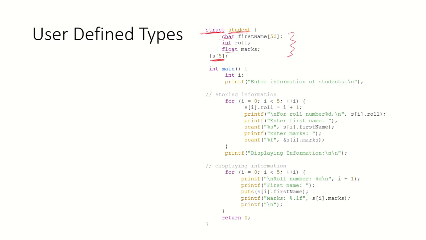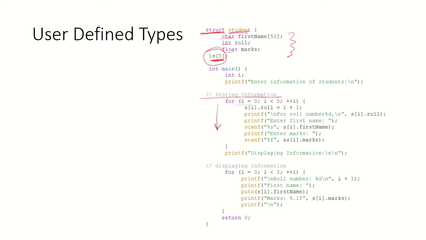So now what are the operations that we can perform on this particular structure? There are operations where we can store information in the structure. If this is an array of structures, then in each structure element of the array we can store information like this.